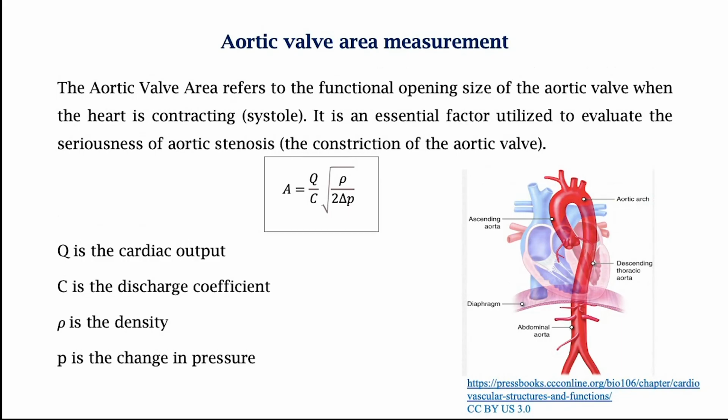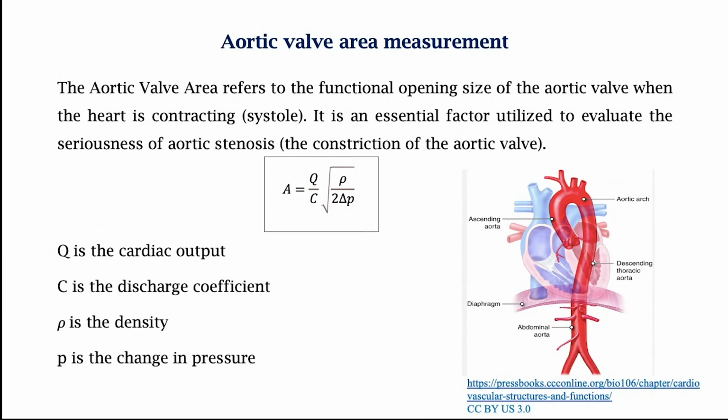I already mentioned this. When the pressure in the left ventricle is much higher than the pressure in the aorta, then the valve will open. Note that this is a valve, which means a one-directional tube, which will open.